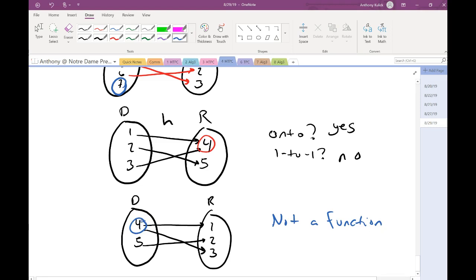So we see that if a function is not one-to-one, when I find its inverse, I'm going to have at least one x-coordinate that goes to 2 places. So in order for me to be guaranteed that when I find my inverse it's a function, what do I need to have? I need to have one-to-one, and I need to have onto. I need that function to be bijective to guarantee that its inverse will also be a function.